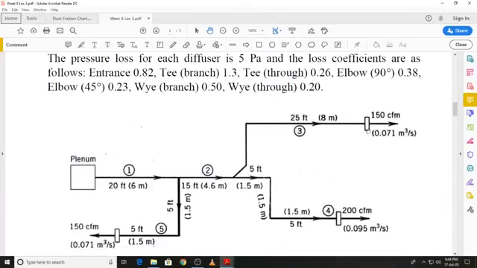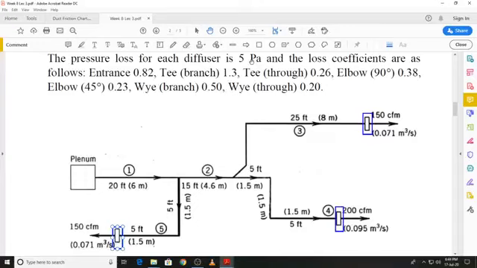If you look at this layout, these are the diffusers that we have. So we have diffusers at 3 locations, and for each of the diffusers the pressure drop is given as 5 pascals.